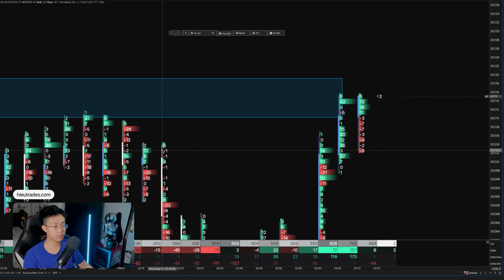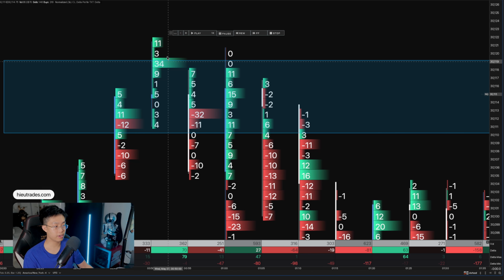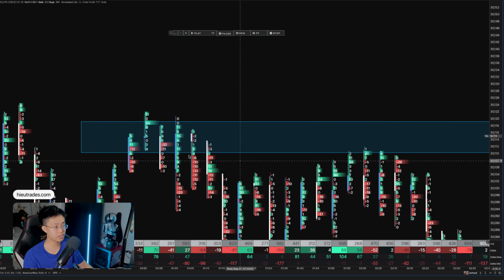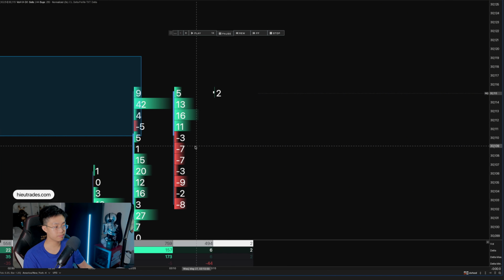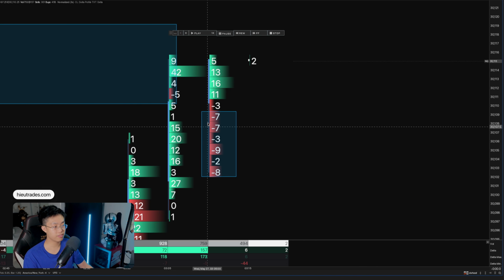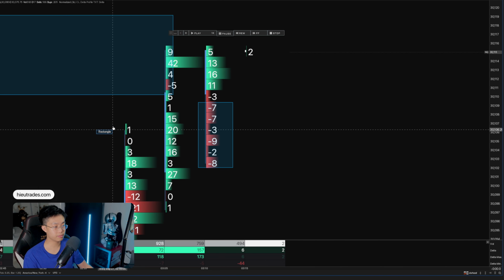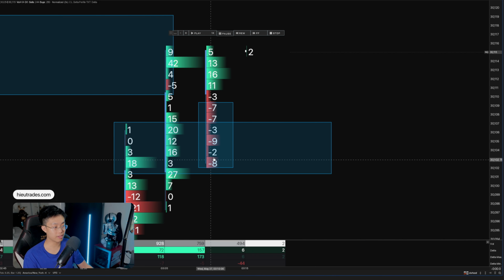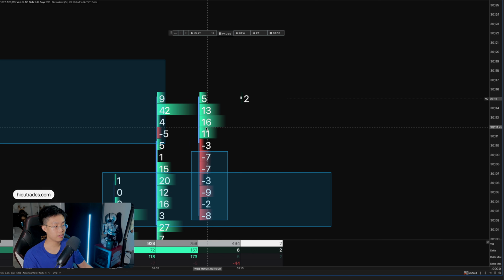You see how this one gets buying absorption, the next candle opens, selling initiation kicks in, and the candle closes bearish. The difference with this one is that all of this selling initiation fails. They actually get absorbed by a level of aggressive and passive buyers here, and initiation for buyers steps back in.